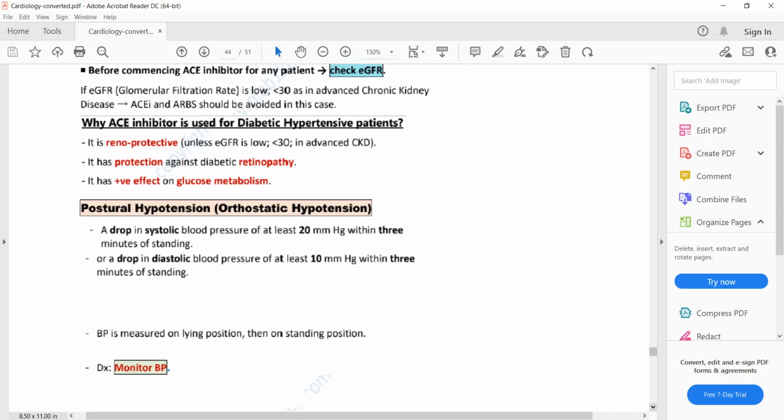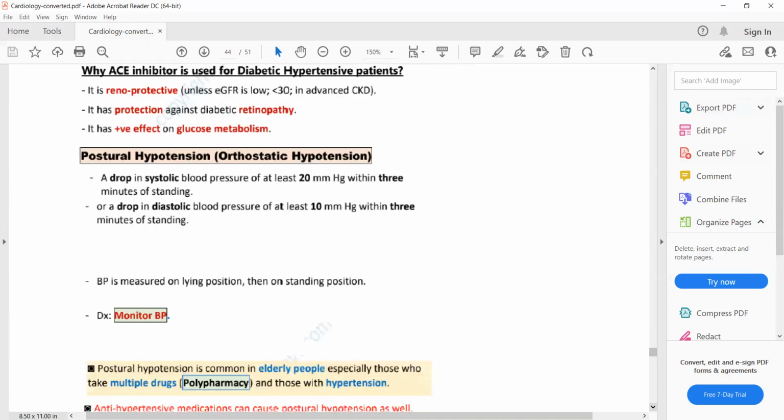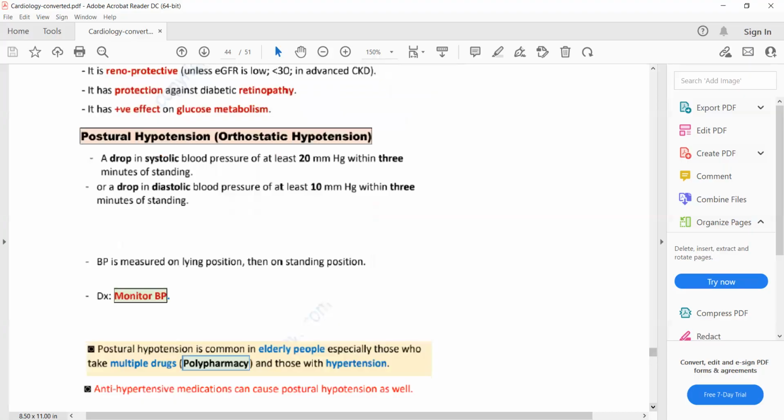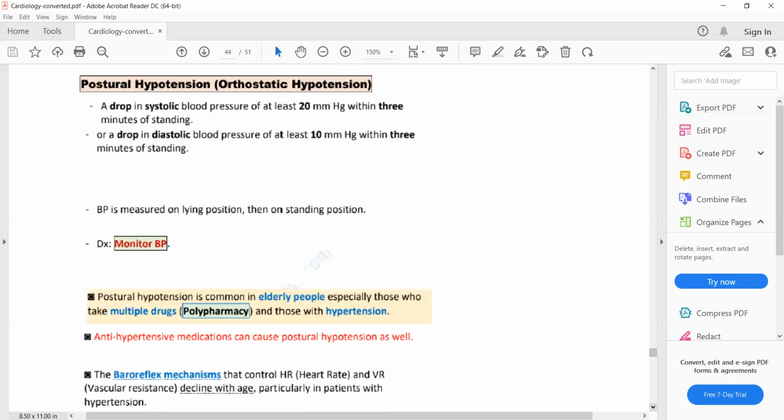So a drop of 20 mmHg of systolic pressure and 10 mmHg of diastolic pressure on standing is known as postural hypotension.